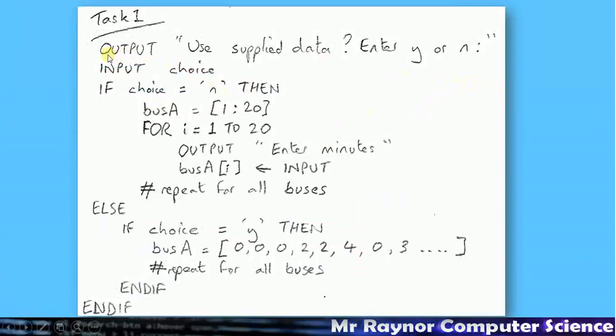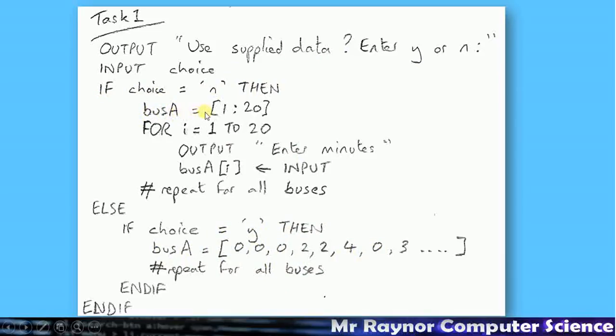So a clear message to say what we're doing. In my case, I let the user choose. Do they want to just use the supplied data? And if they choose yes, then it's going to basically have the arrays with the predefined code in it. That's just my way of speeding up my testing of the later tasks. But actually for the exam board, let's look at this first half. So if they choose no, then we'll do it the standard way, which is to set up an array.